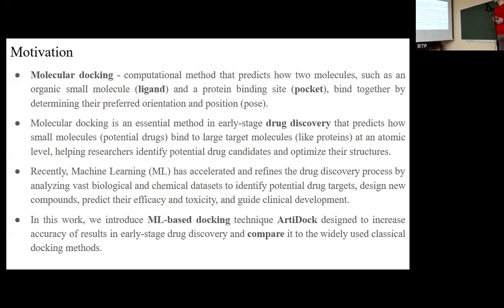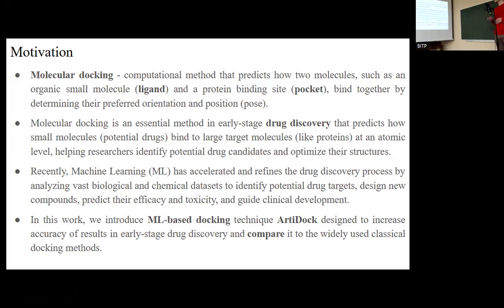Molecular docking is very important in drug discovery projects because it helps us understand how small molecules, which are potential drugs, bind to large target molecules, predominantly proteins or protein complexes, and helps researchers identify potential drug candidates and optimize their structure.